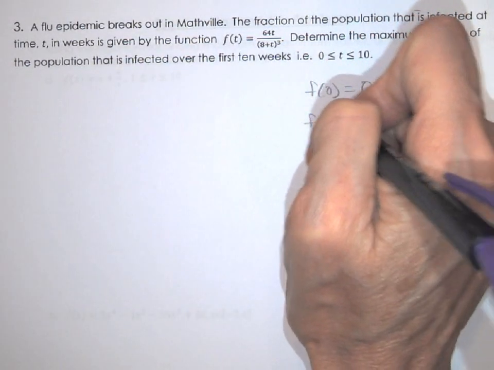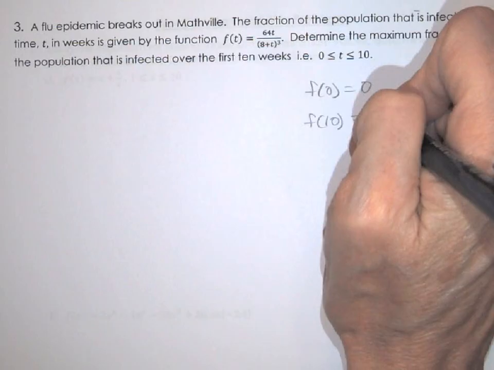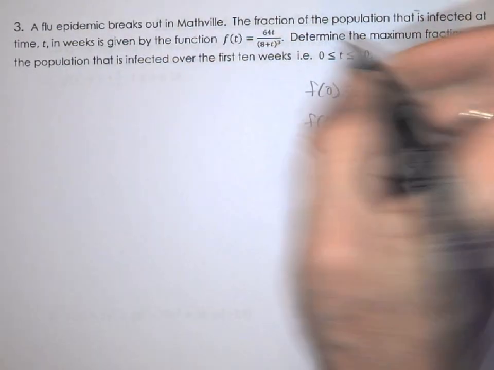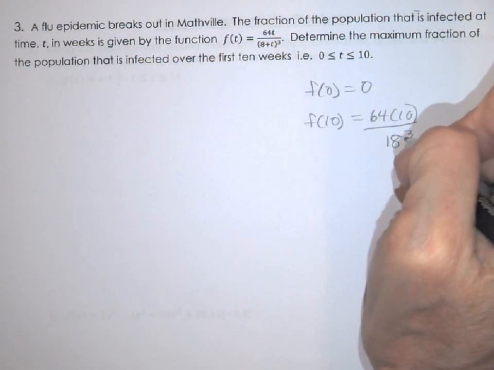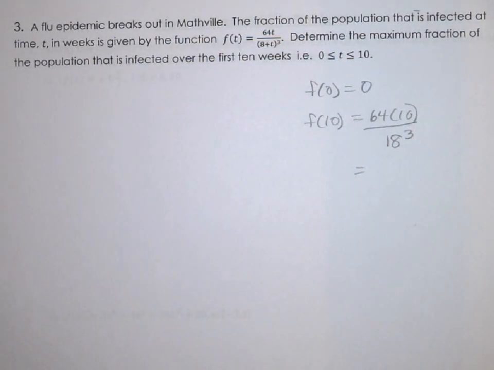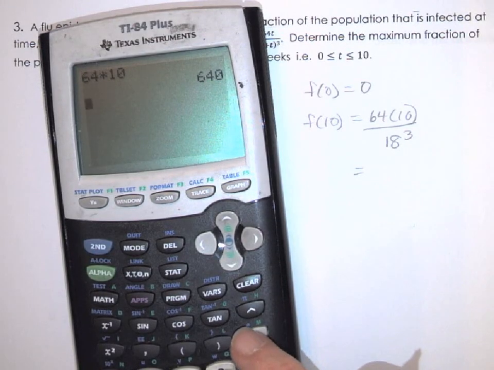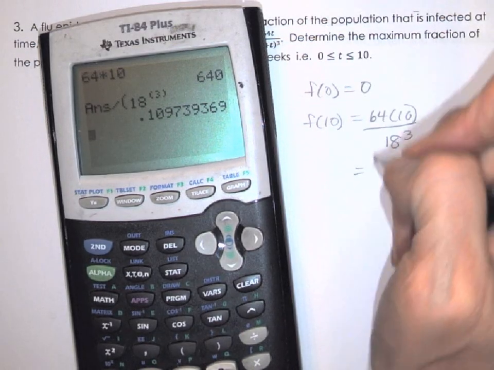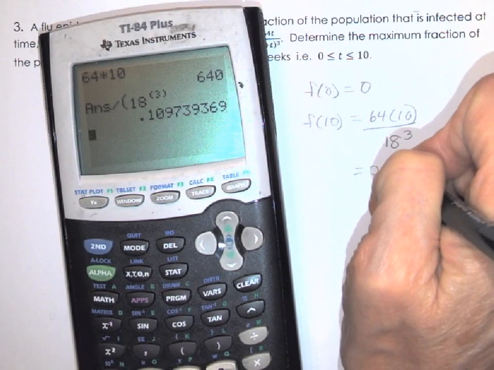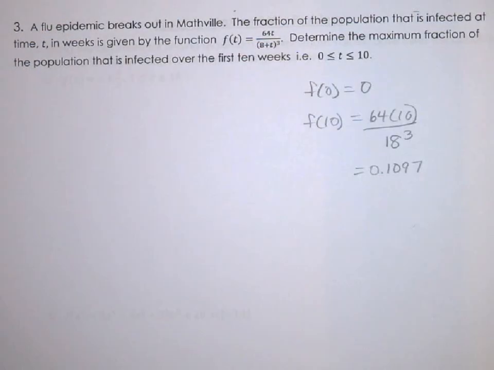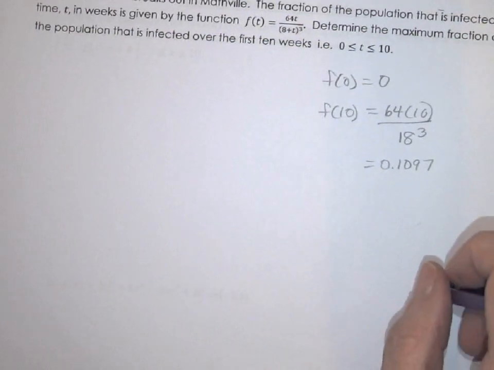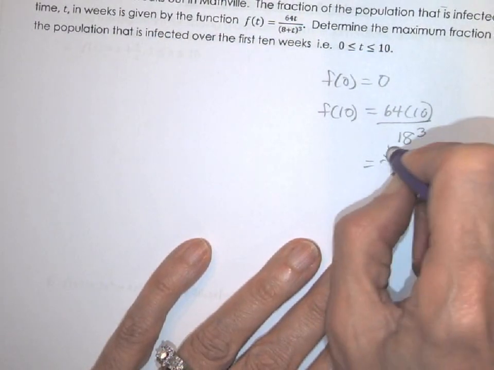f at 10 is 64 times 10 over 18 cubed, which is 64 times 10 divided by 18 to the power of 3, 0.1097. And that number is a fraction of the population, so I guess I should have left it in fraction form.